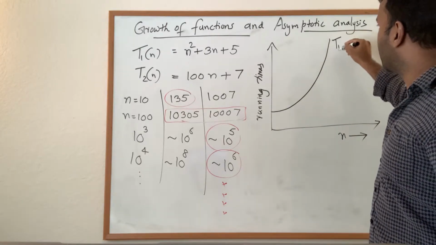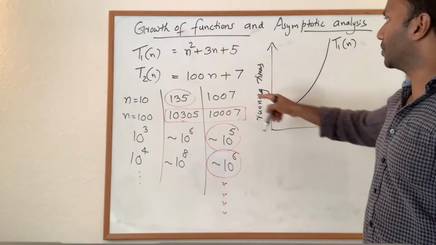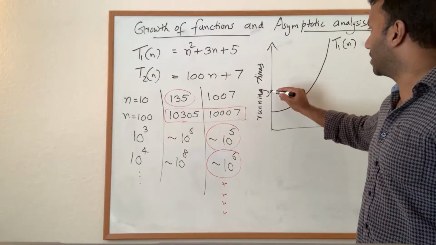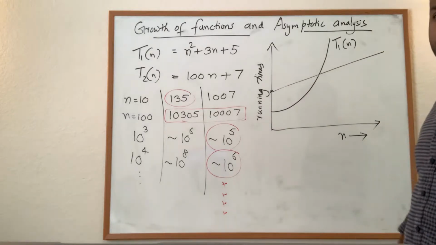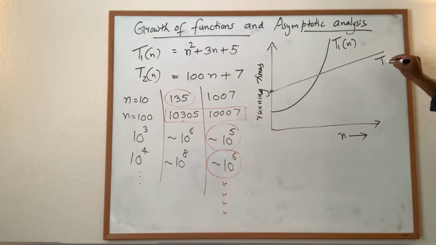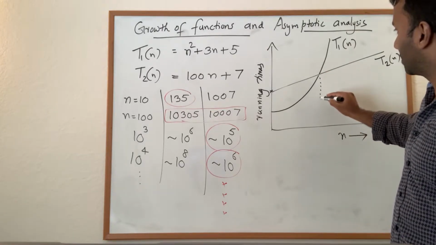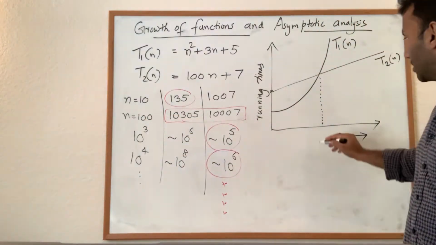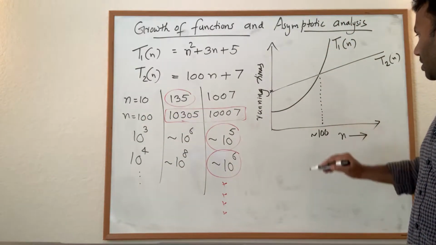It's a quadratic function, T1(n). And T2, in the beginning T2 is much higher than T1, so let me start from here, and this will grow linearly. So this is T2(n), and both of these equations will meet when n is around 100. So this is around 100.